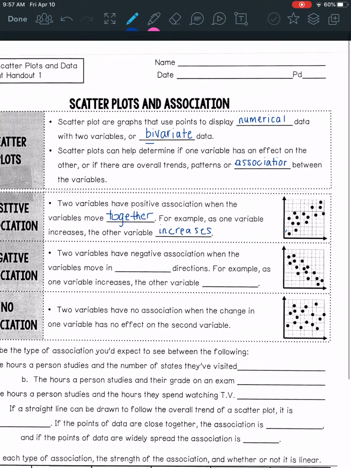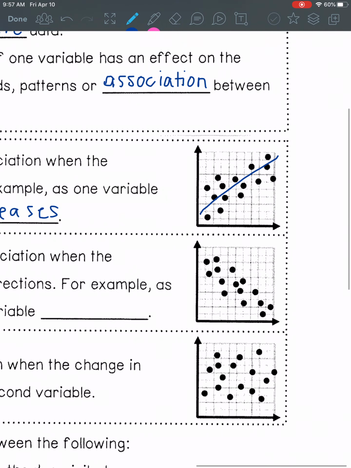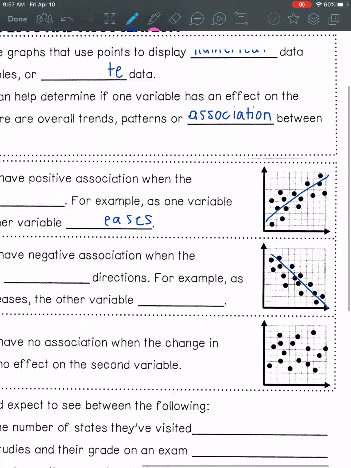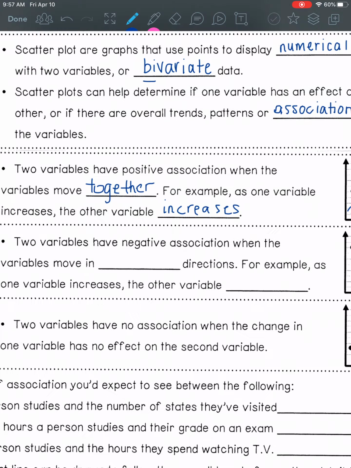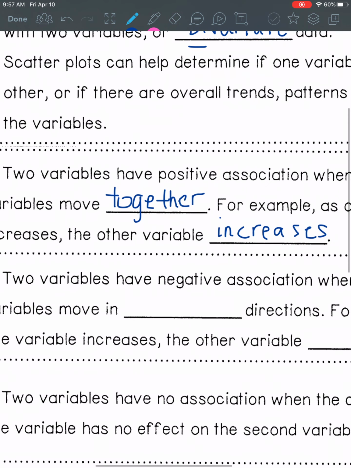Okay, so the negative association, if you look at the graph, again, like our slope, the pattern is going downhill. What I'm drawing here we call trend lines, which we'll get into next week. So variables that have negative associations are when the variables move in opposite directions.